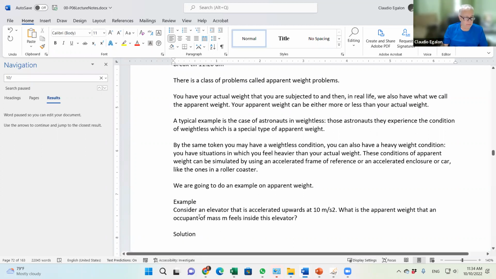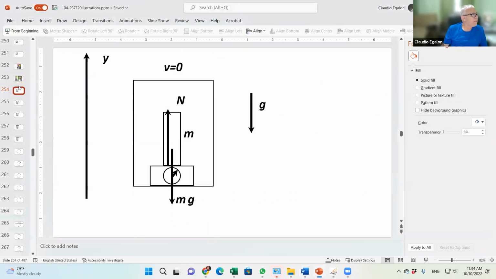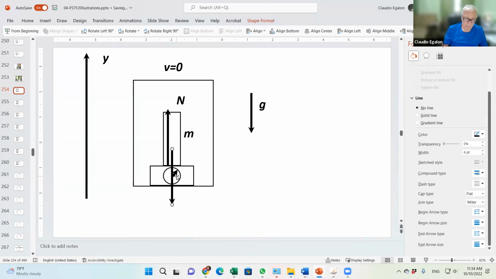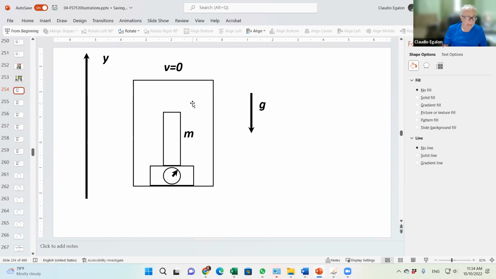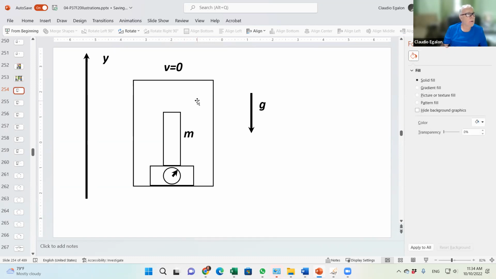We apply Newton's law to solve this problem. So the situation is the following. Just like before, I'm going to come up with a free body diagram. Okay, let's start with the simplest type of drawing, and then we are going to build it, to make it more elaborate.